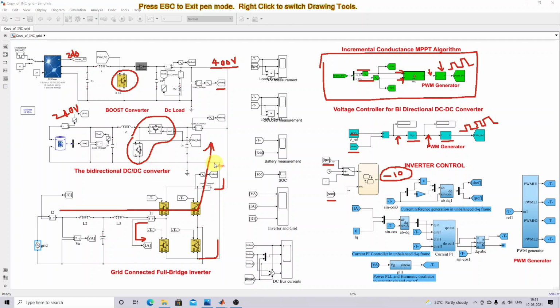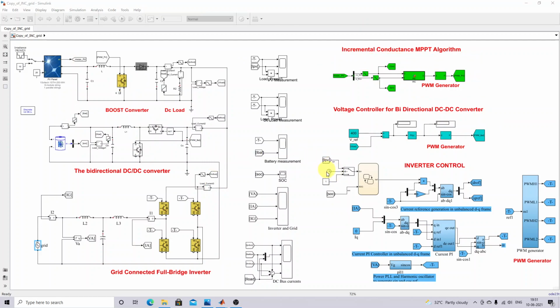Okay, when the PV power is greater than 100 watts and the SOC is greater than 10 percent, then the reference we are setting here is 2. That means it takes the power from the DC microgrid to the AC side. Okay, it takes the power from the DC microgrid. So this is the logic implemented in this part.